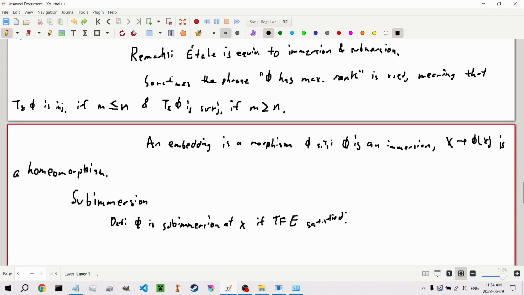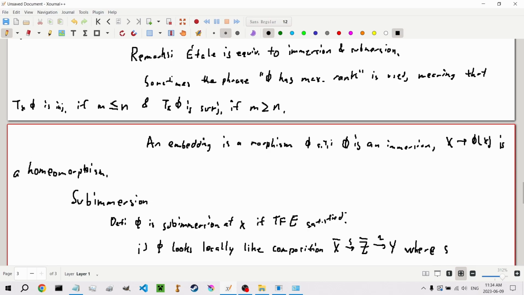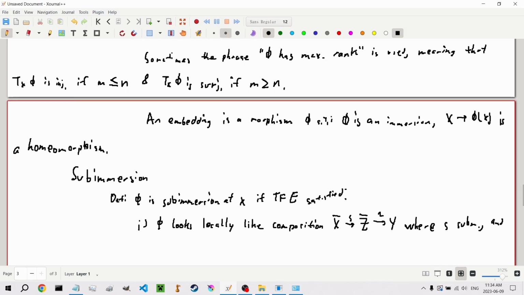Well, first we can think of it as phi looks locally like a composition phi bar, X bar mapping by s to Z bar mapping by i to Y bar, where s is a submersion and i is an immersion.